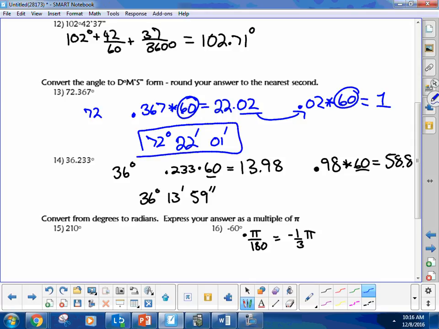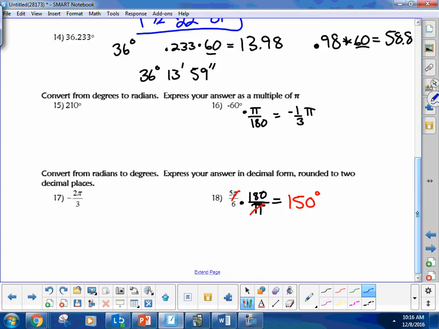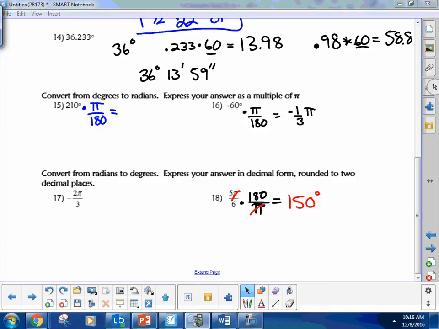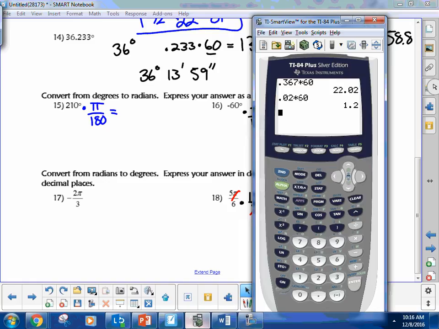All right, now let's go ahead and finish the conversion of the last two. One of the benefits we have here is that when we want to convert from degrees to radians, you just multiply by pi over 180. The easiest thing to do is to use math bracket. It's a quick and simple solution. So when I do this, I do 210 divided by 180, math bracket, 7/6 pi.